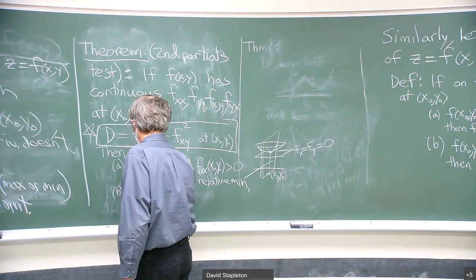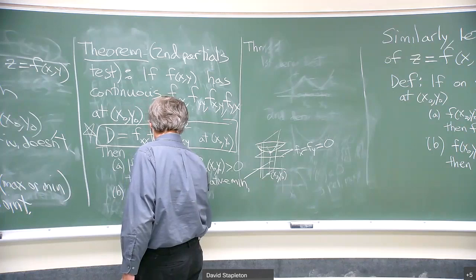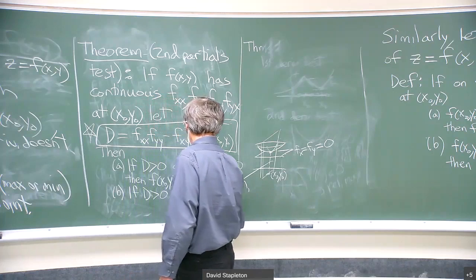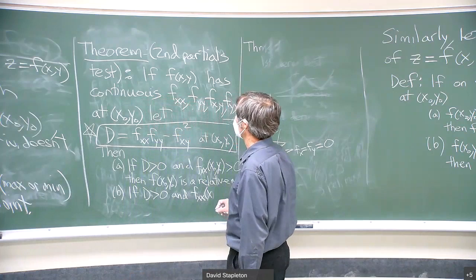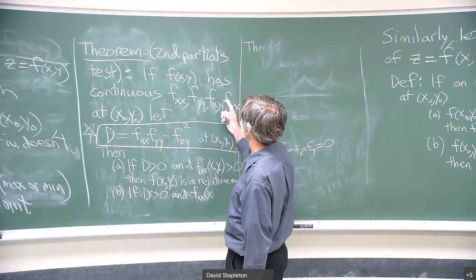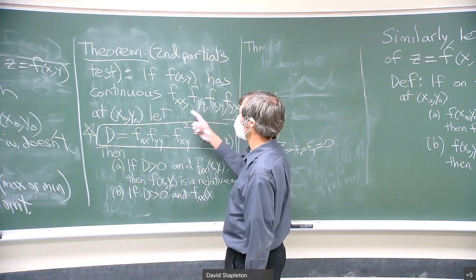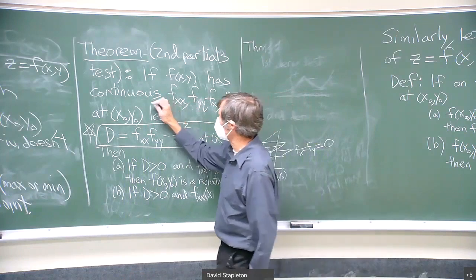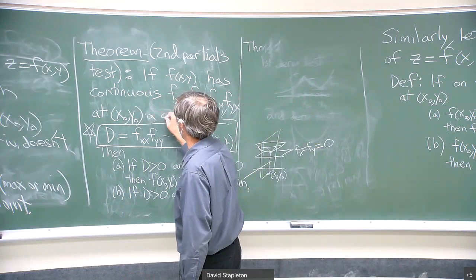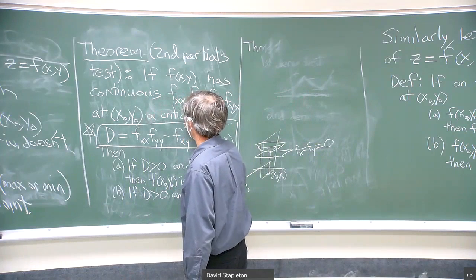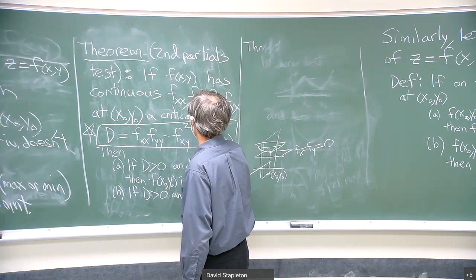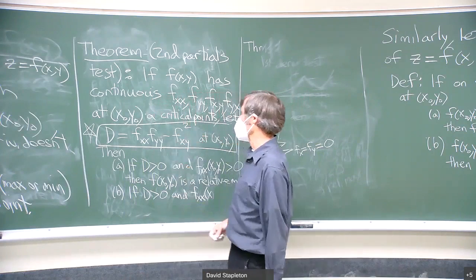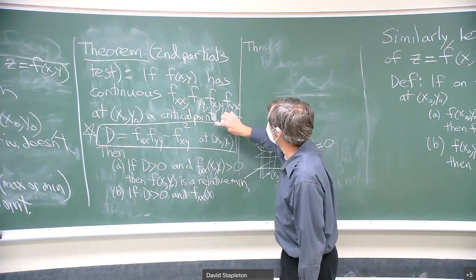if D is greater than 0 and fxx at the critical point, and I forgot to put a very important part here: continuous at x0, y0, a critical point. This only applies to critical points. Let D be defined this way, at the critical point.